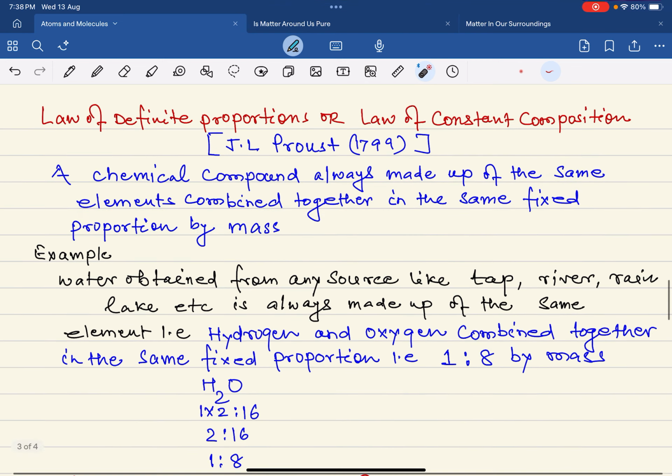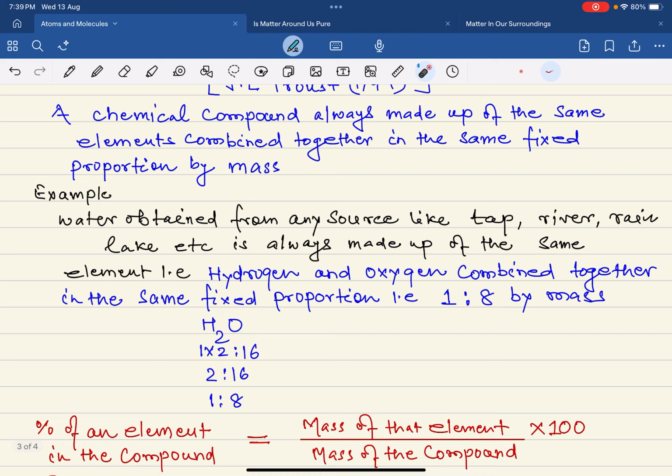On the basis of a simple example, take water, from any source of water like tap water, river water, rain water, lake water, ocean water, or sometimes water coming from the AC. In case of water, there are two atoms of hydrogen and one atom of oxygen.